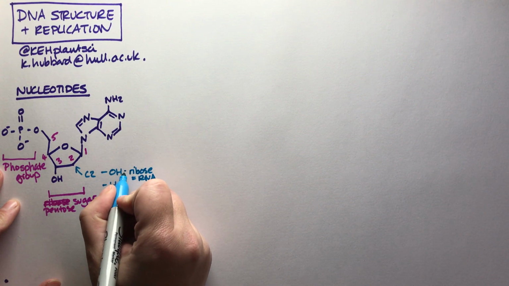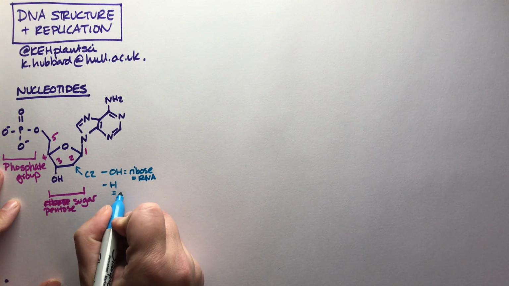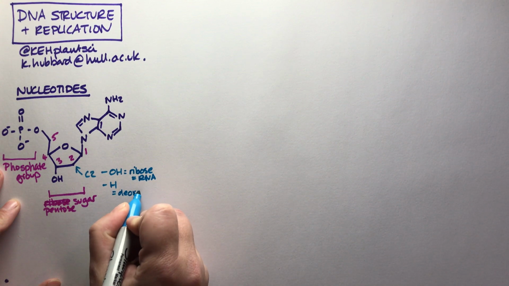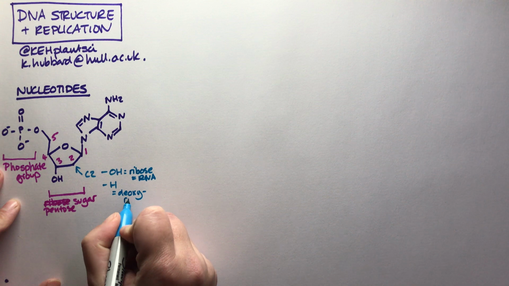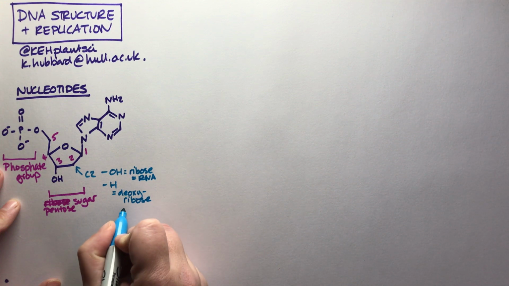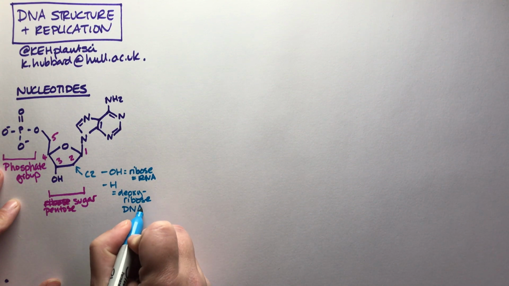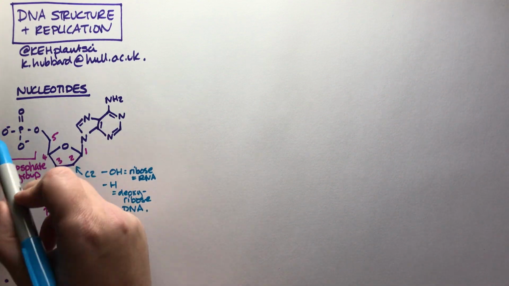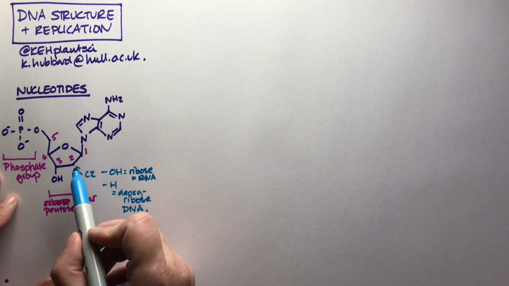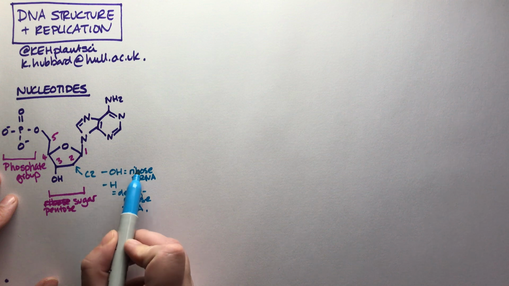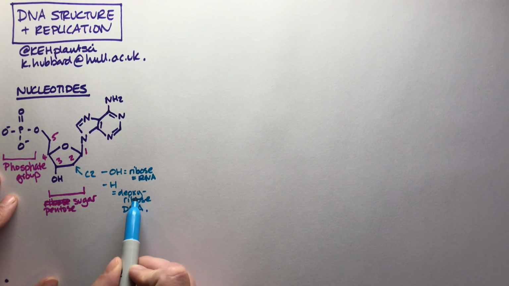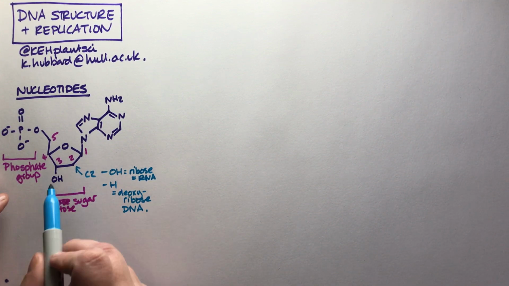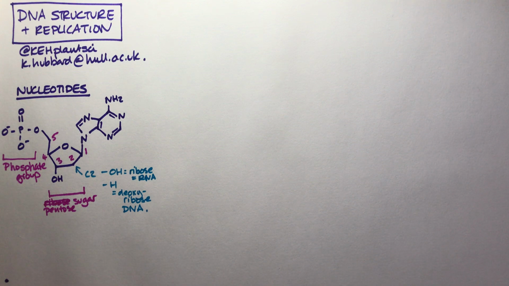If you've got an H there, we would call that a deoxyribose, and you will be a DNA molecule. Okay, so that's the main difference between DNA and RNA. So in the nucleotide, ribose, the RNA, has an OH, the DNA just has an H at that carbon 2 position. Okay.